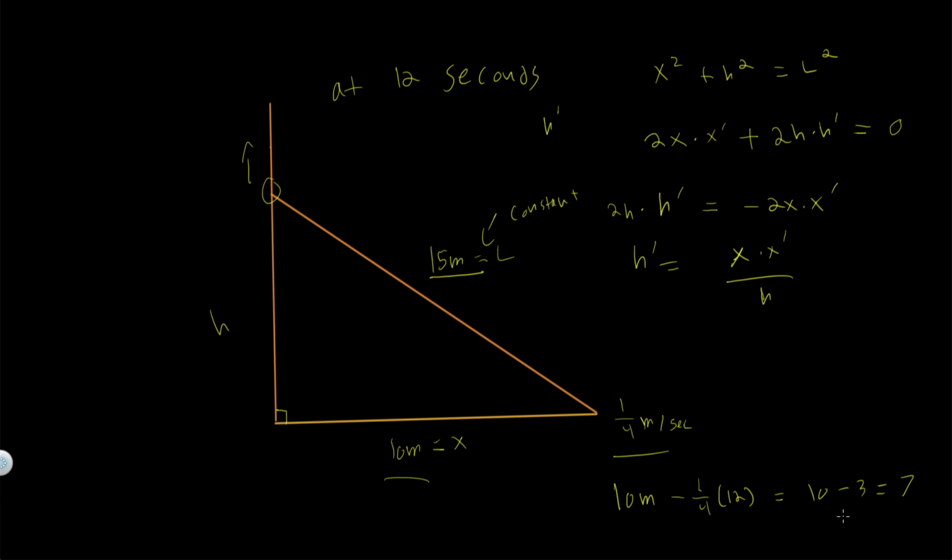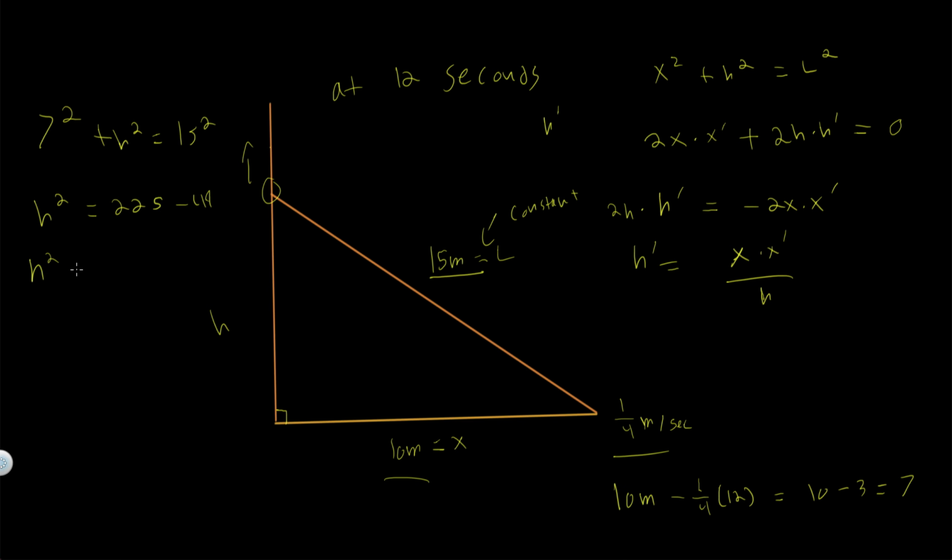Now, if x is 7, at that point we can also find the value of h. Not the h prime, but we can find the actual value of h. And we can do so by using, again, the Pythagorean theorem, knowing that 15 is constant. So we can do 7 squared plus h squared is equal to 15 squared. And we can solve for h squared. So h squared is equal to 225 minus 49.